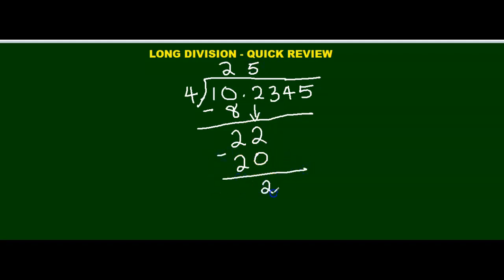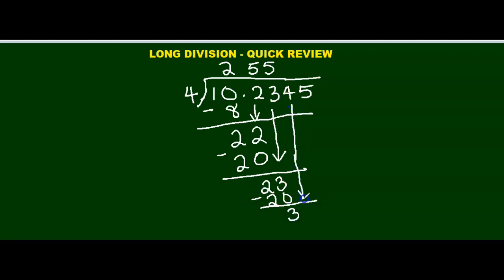22 minus 20 is 2. Bring down your 3. Again, 4 times 5 is 20. Minus. You get 23 minus 20, which is 3.